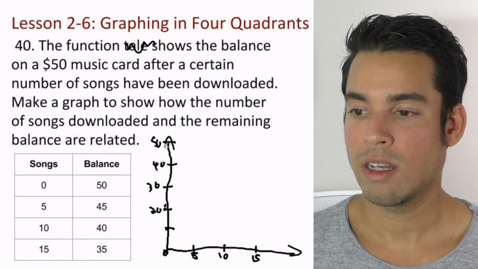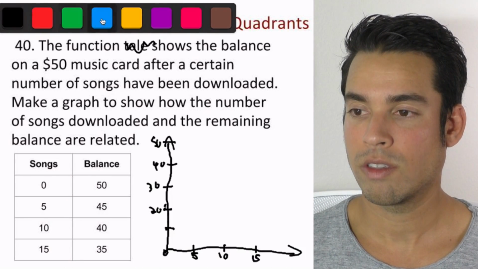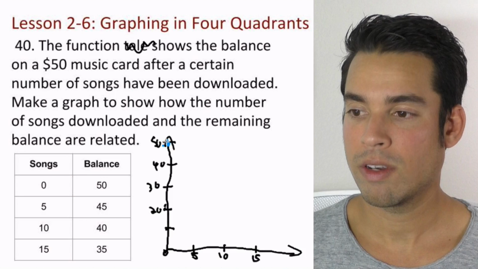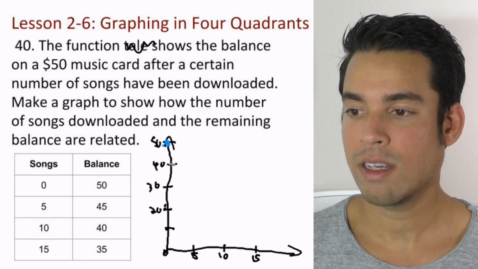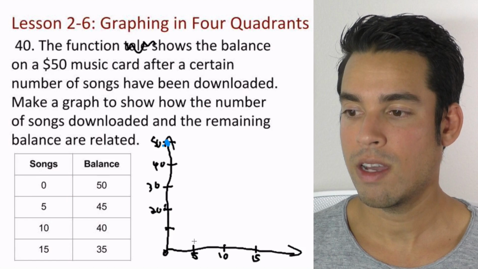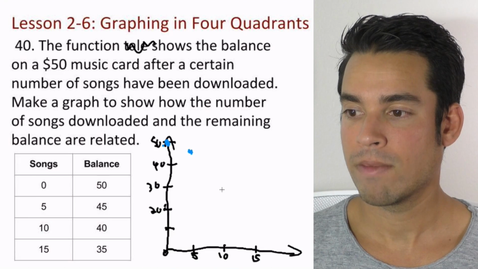Okay, so what's going on? So at 0, we're all the way up here. I'm gonna do this in a different color so you can see it. At 50, we're all the way up here at 0. At 5, we're up at 45. That's kind of in between 40 and 50. So 5, we're going all the way right here. At 10, we are at 40. So right here.